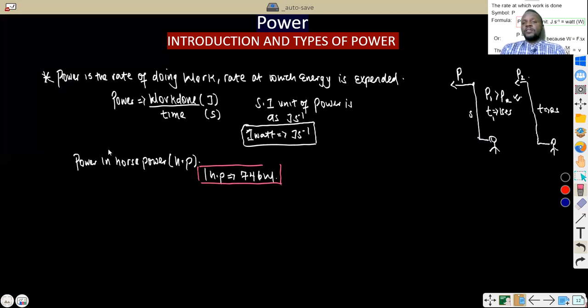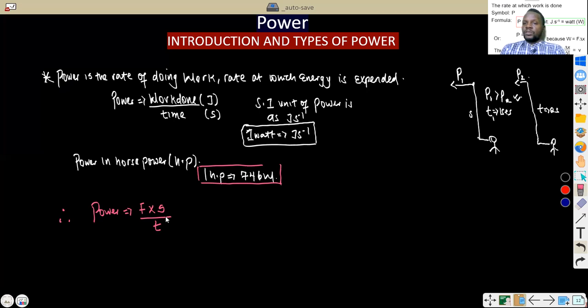Another way you can express the formula of power, which I also think I need to talk about under this slide, is that power, we said, is work done by time, which we have shown there. And we have also discussed the formula for work done. We said it is the product of force multiplied by displacement or distance, as the case may be, divided by time.